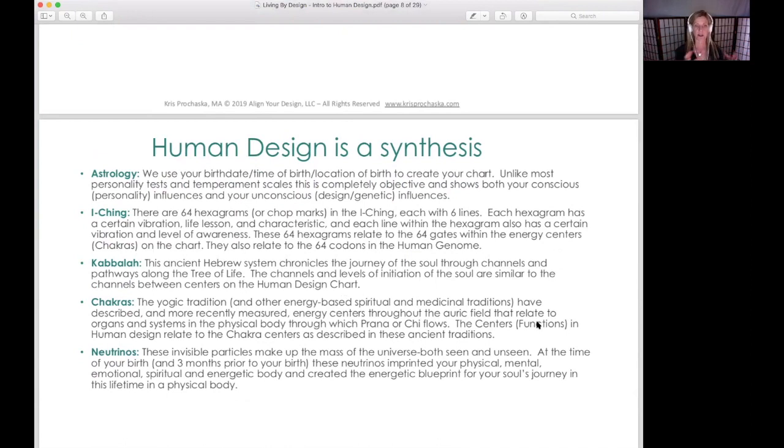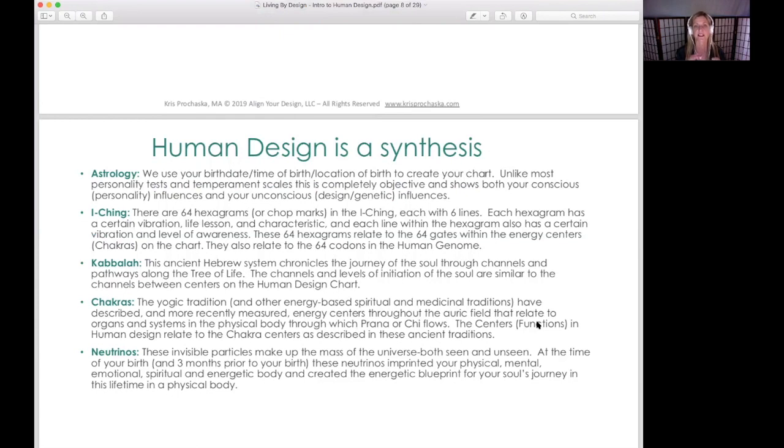And so these neutrinos at the time of your birth and about 3 months prior to your birth, think of it this way: it's like you're imprinted with a certain energetic pattern. And it's through these neutrinos that you are imprinted with this energetic pattern. This energetic pattern imprints your physical, mental, emotional, spiritual, and energetic bodies.